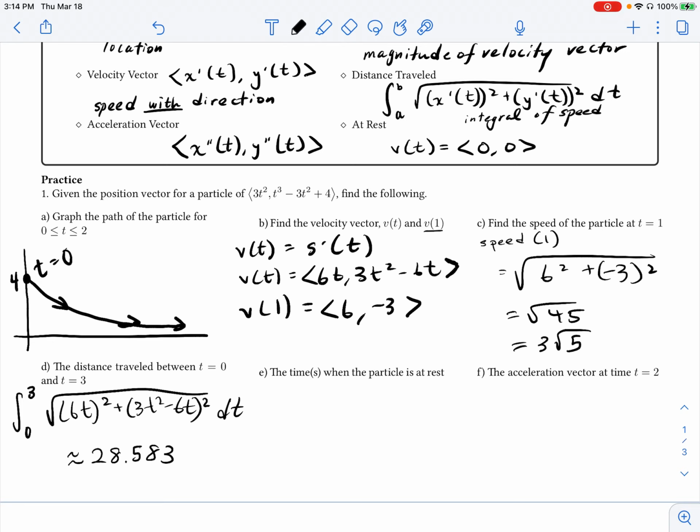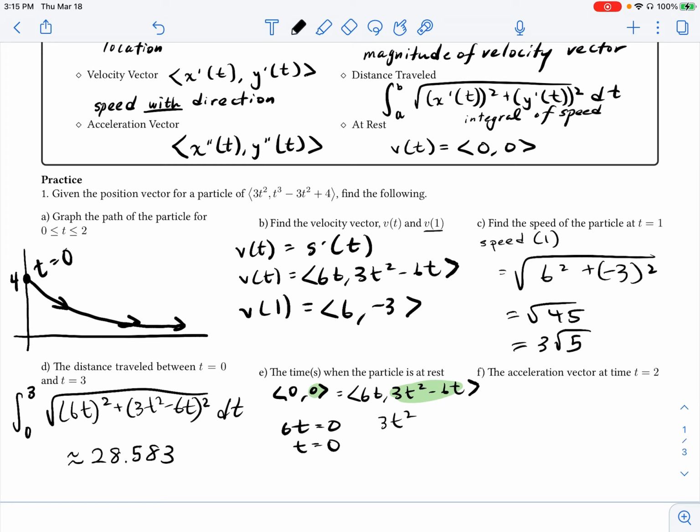Next up, when is our particle at rest? Again, when our velocity is equal to 0. So we're going to take our velocity function that we have here and set it equal to 0. So we would have the following. 6t is equal to 0, which means t is equal to 0. And then take this component and set it equal to 0, when the vertical component is equal to 0.